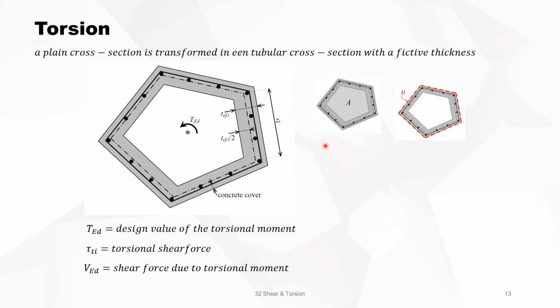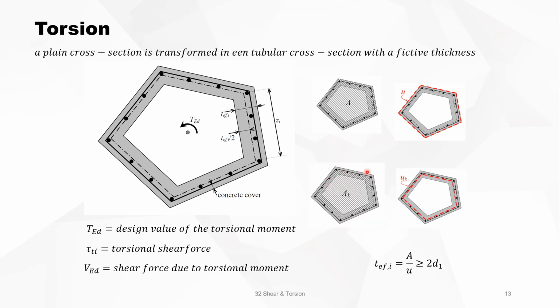Now, for clarity, the total area enclosed is A, and the circumference is u. And the total area within the midlines, if I can put it this way, is Ak, and the circumference of Ak is uk. So don't mix those two up.